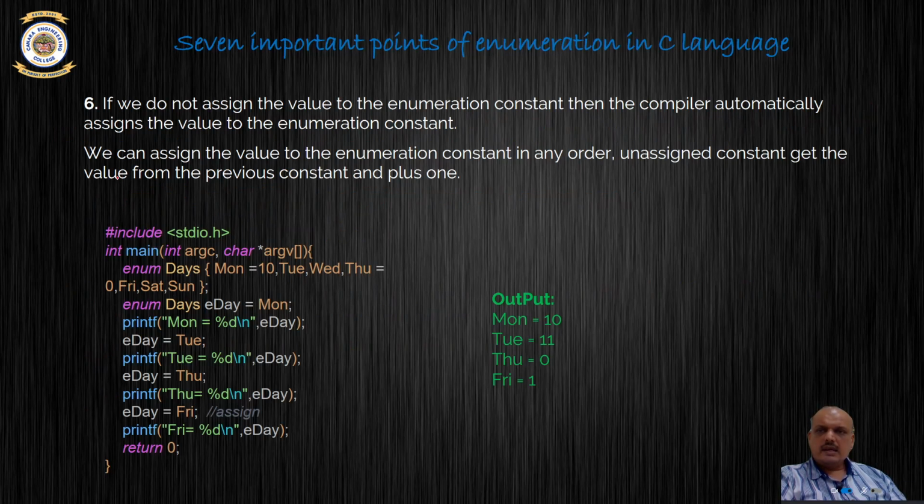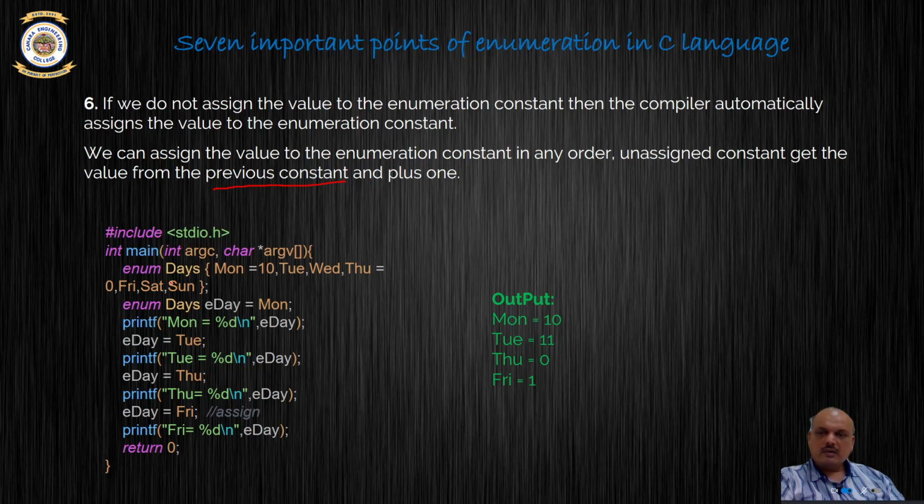Okay, next thing is, if we do not assign values to an enumerator constant, then the compiler automatically assigns a value to it. Enumerator constants can be assigned an integer value, and if you do not do that, the compiler increments the previous value given to the enumerator constant by 1.